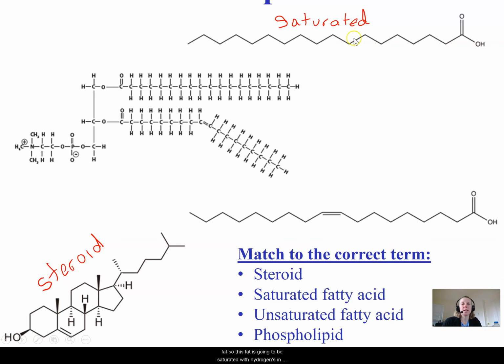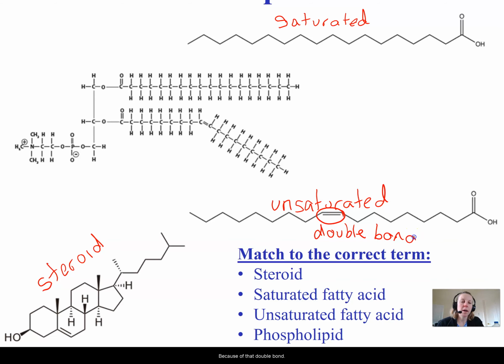So this fat is saturated with hydrogens in all of the positions around each and every one of these carbons. This lower fatty acid is going to be an unsaturated fatty acid, and you can tell that because it has a double bond right there in the middle.